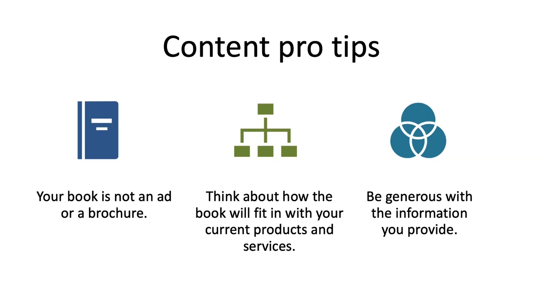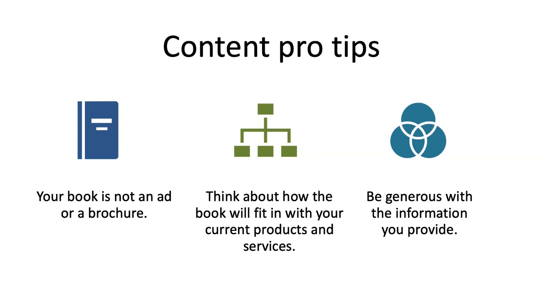And this is a conversation I have often. Be generous with the information you provide. So my book outlines our whole process, the whole process. Nobody's going to understand that as well as we do. So even though you could use it to go away and publish your book if you wanted to, and some people do, it's still for most people going to give them an overview, and they're still going to come back to us. So people sometimes worry about, if I put too much information in the book, they won't need me.